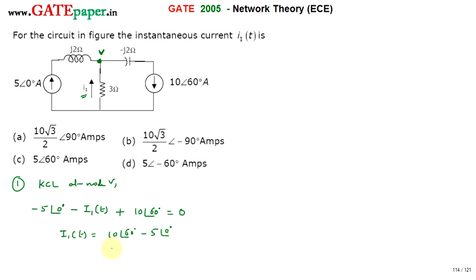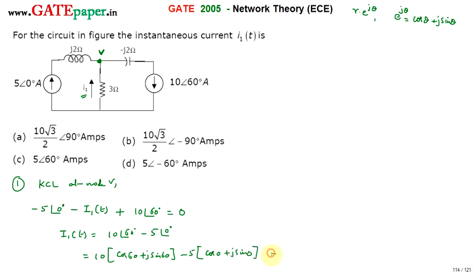This is in the form of r into e power j theta, and e power j theta is cos theta plus j sin theta. So here you can write it as 10 times e power j60, that is cos 60 plus j sin 60, minus 5 times cos 0 plus j sin 0.